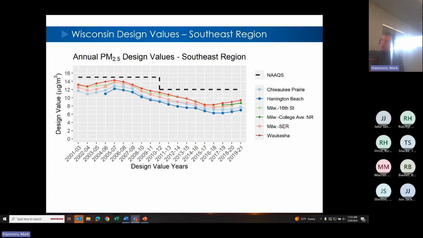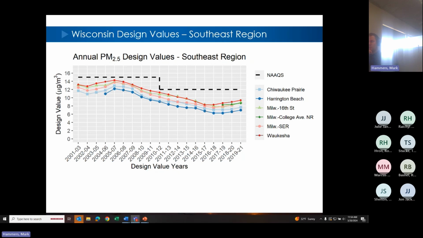Here's some design values. All of this is publicly available information on the Wisconsin DNR Air Quality Monitoring website. So what we saw earlier in the prior slide was the monitoring locations for PM2.5. Here's the values that are obtained from those monitoring locations. This is specific to the Southeast region.